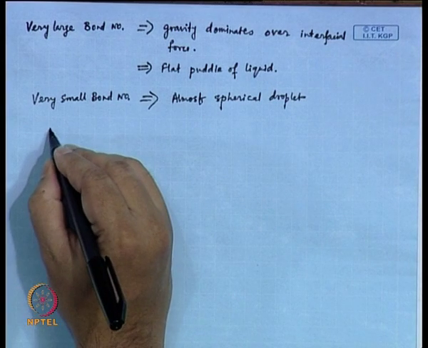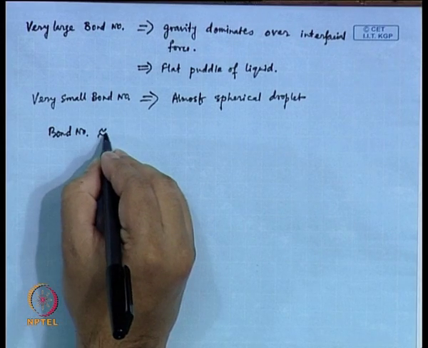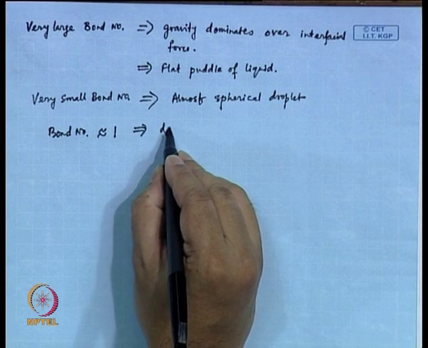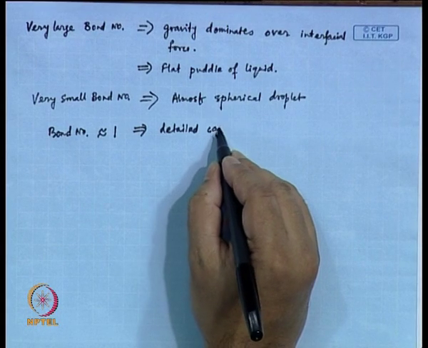Okay. On the other hand, if the Bond number is very small, invariably you know that the shape of this discrete phase would be spherical, because interfacial force will dominate over the gravity force. Okay. Now, the problem would be if the Bond number is close to 1, then it needs detailed calculation to find the shape.